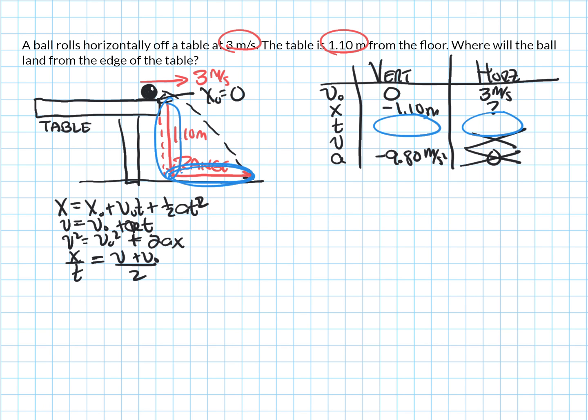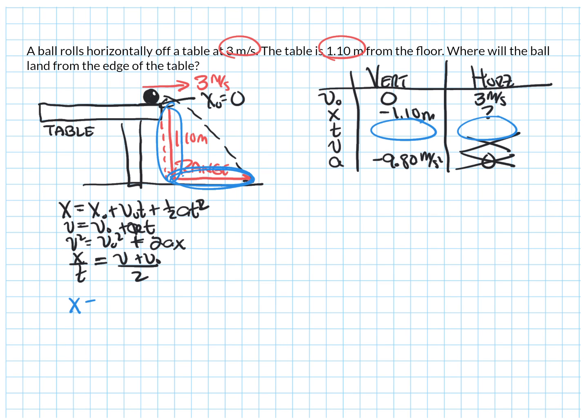So horizontally, the first equation becomes x equals x naught, and we're always going to make that 0, plus v naught t. And the acceleration goes away because it's 0 horizontally. Horizontally, the second equation doesn't work. It becomes v equals v naught. Horizontally, the third equation doesn't work. It becomes v squared equals v naught squared.